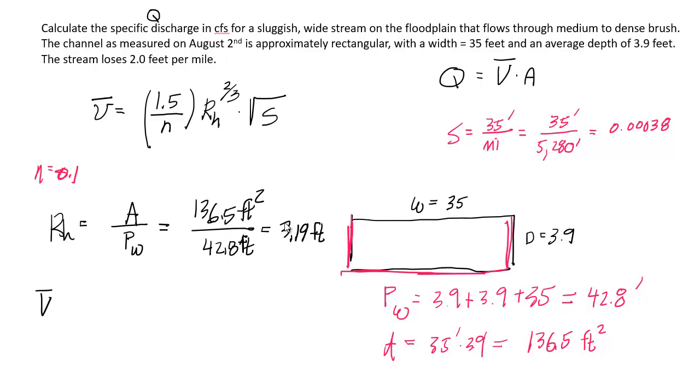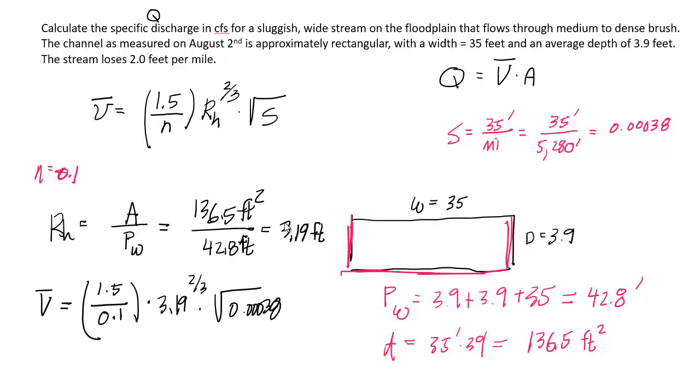The average velocity is going to equal 1.5 over the roughness coefficient 0.1 times the hydraulic radius, 3.19 feet, to the 2/3 power times the square root of 0.00038. I put those into my calculator, or in this case my spreadsheet, and I get 0.633 feet per second. Remember, this is the average velocity, but I'm asked to get the specific discharge.